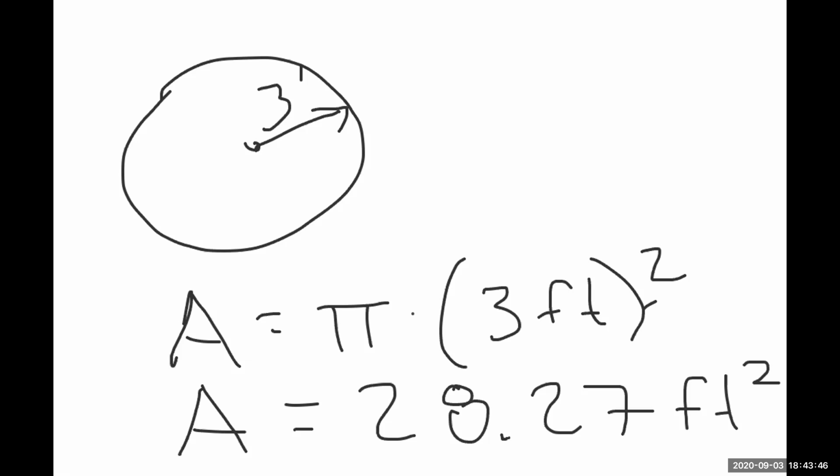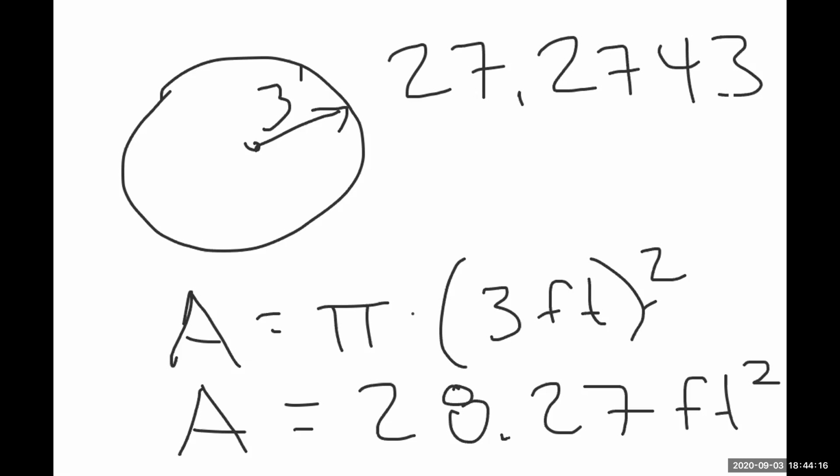Does everybody know how to round? Okay, so if we have 4 and down, so if we had, let's say, 27.2743, okay?